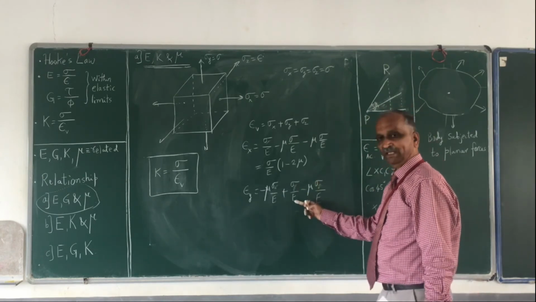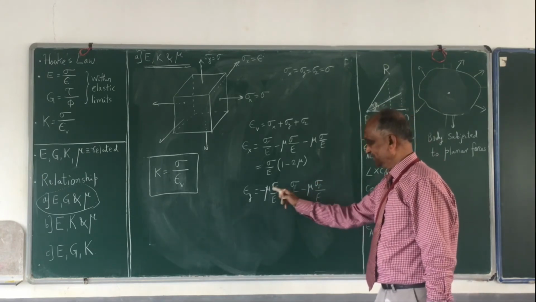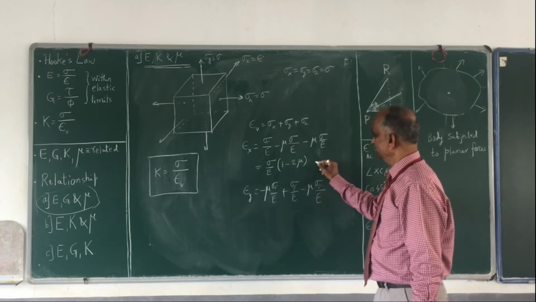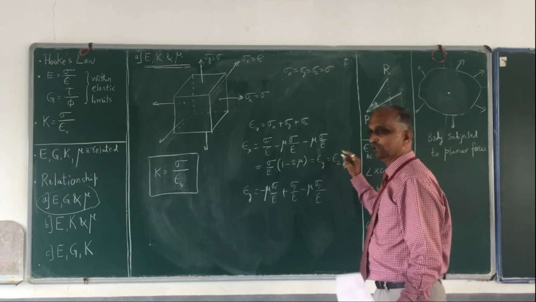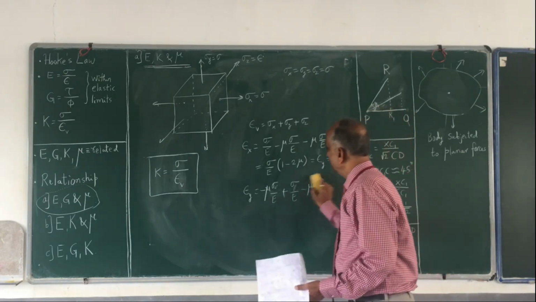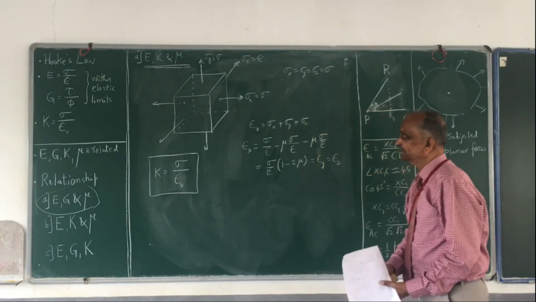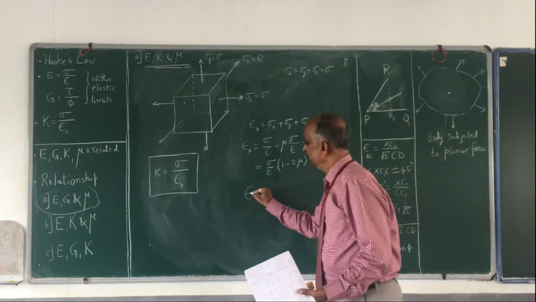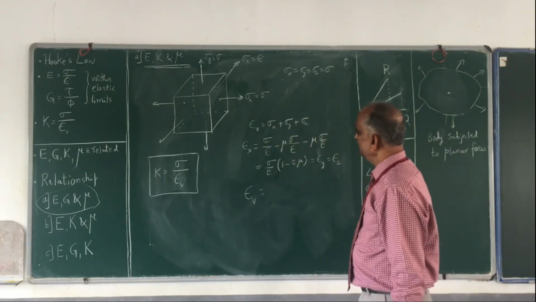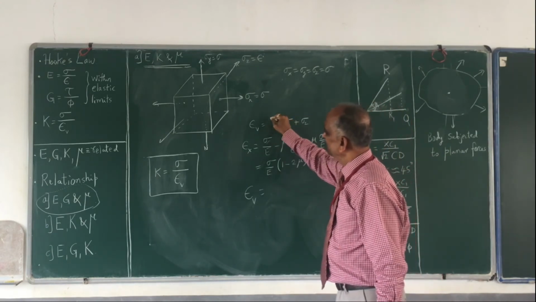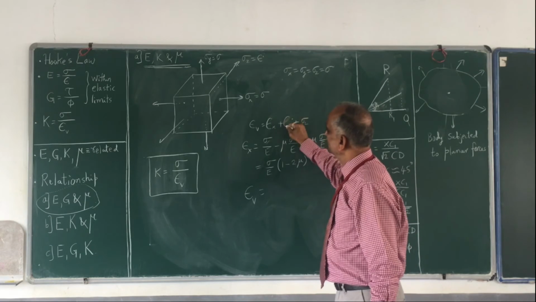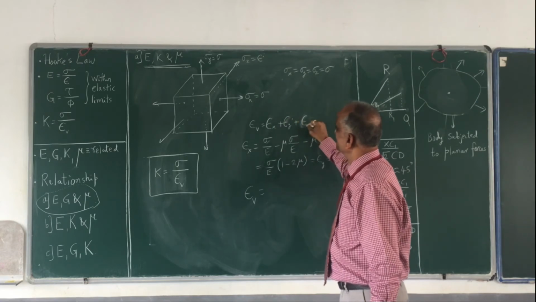If I take sigma by E, 1 minus 2 times mu, therefore this is also equal to epsilon y and this is also equal to epsilon z. Now I would like to find out what is that epsilon v. Epsilon y is equal to, okay, I have made a mistake here. This is not sigma x, this is epsilon y, and this is epsilon z.